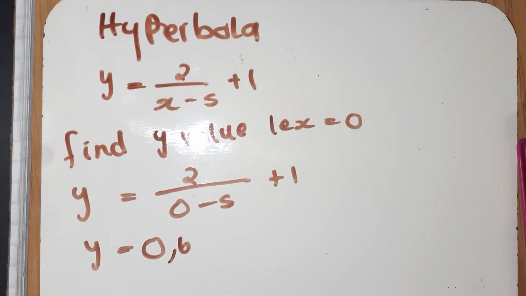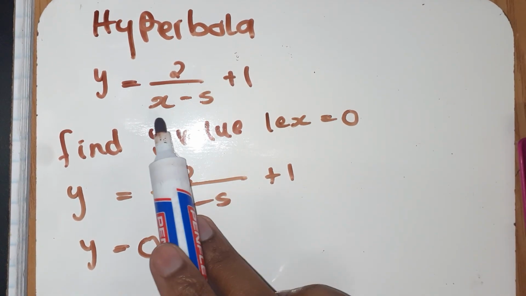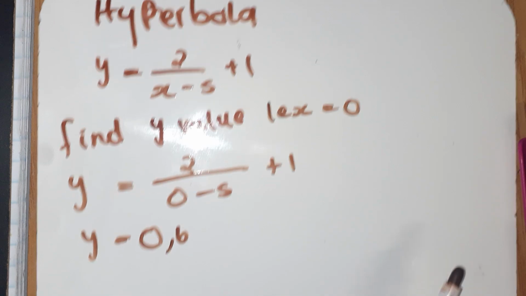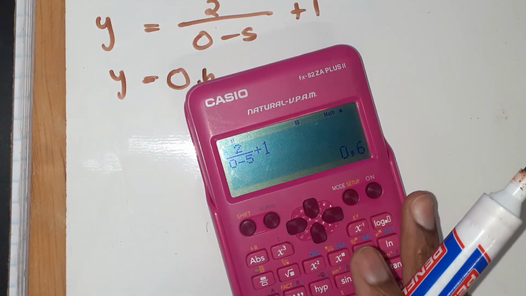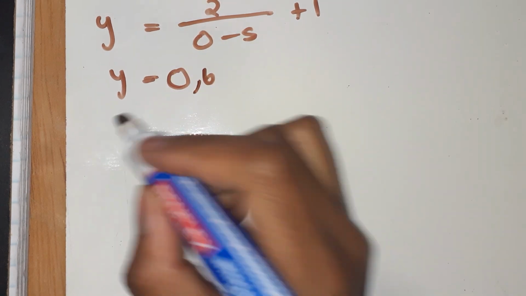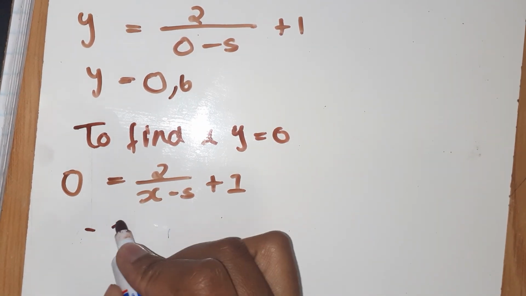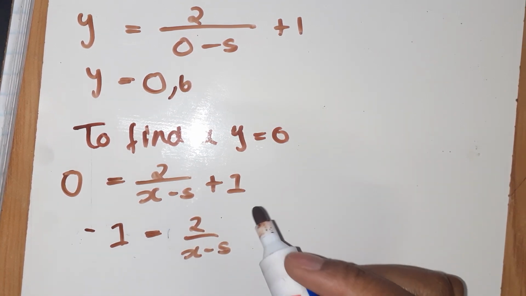So for a hyperbola, this is how we find y. This is the equation, we let x be 0, then we just have 2 over 0 minus 5 plus 1, and then we get y as 0,6 when we put that into the calculator. And then to find x, when y is 0, this 1 goes to the other side, it will be negative 1 equals 2 over x minus 5.